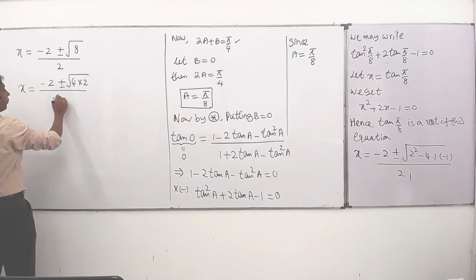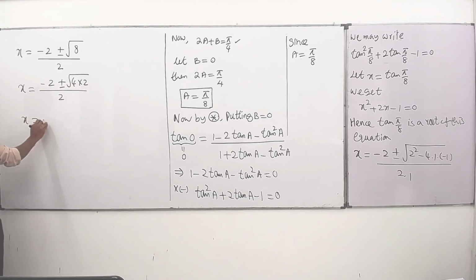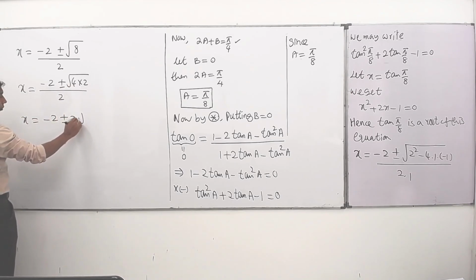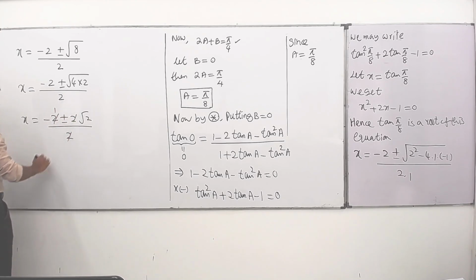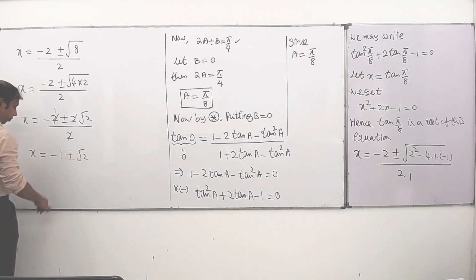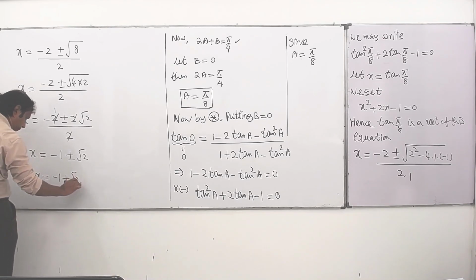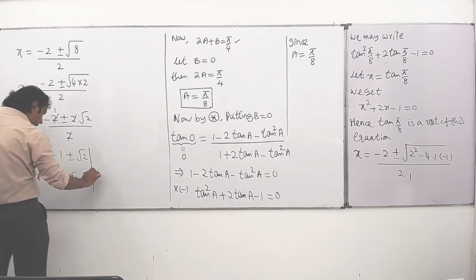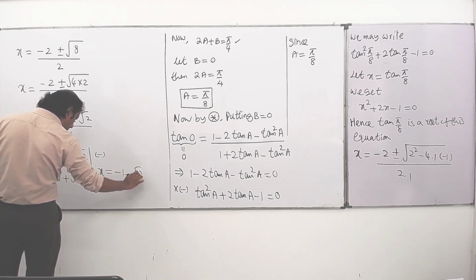Its root. Now taking this 4 out as 2, divided by 2, this way we can cancel down. Here we get 1. X has two answers. So when we take the plus sign, we get x equals minus 1 plus root 2. When we take the minus sign, x is going to be minus 1 minus root 2.